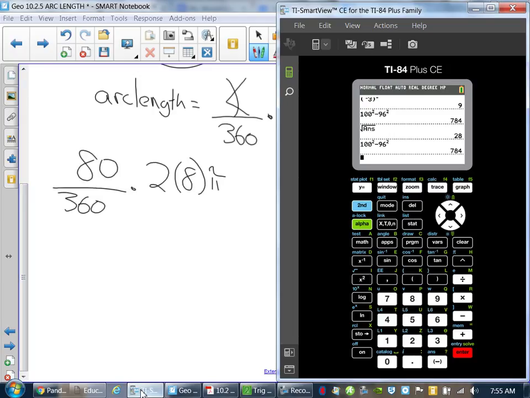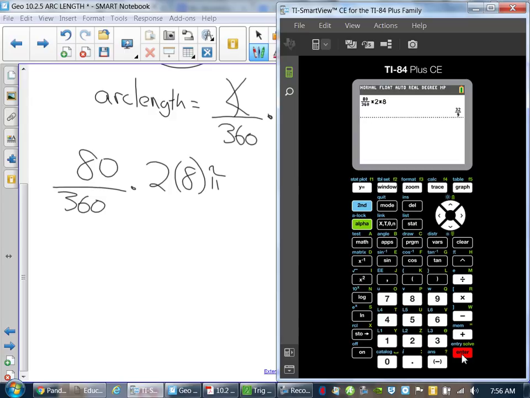Move this over so you can see it. Make your fraction bar. 80 over 360 times 2. Oops, I forgot to get out of it. And don't forget to get out of your fraction. Times 2 times 8 and hit enter.